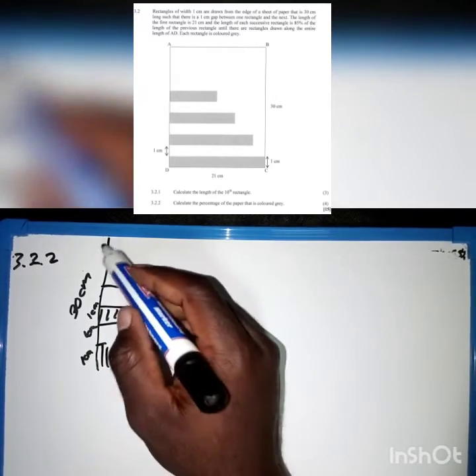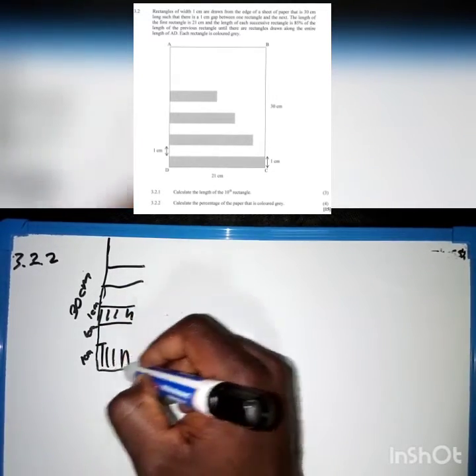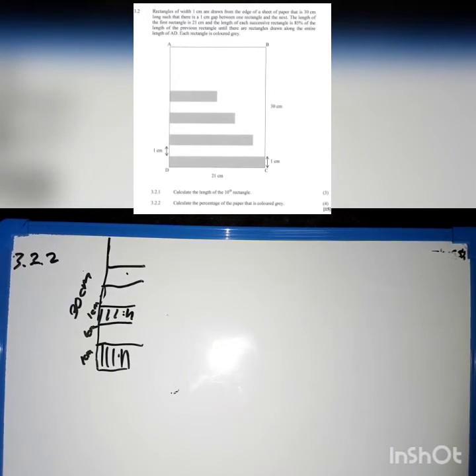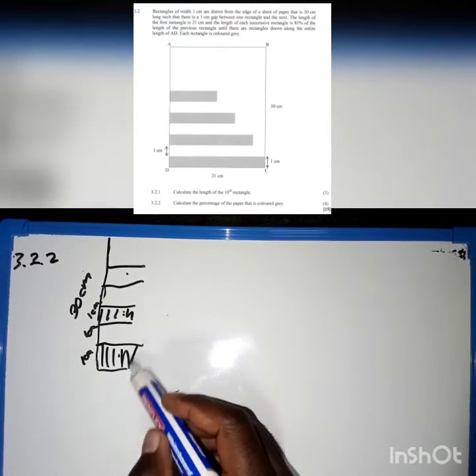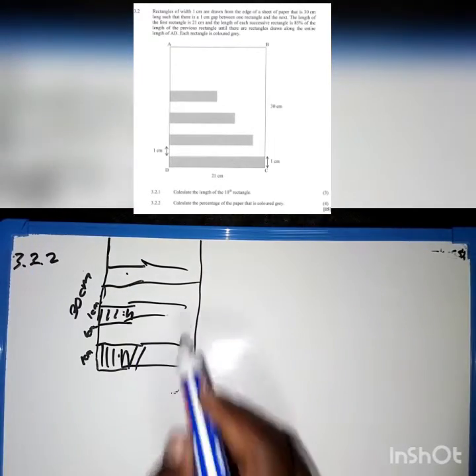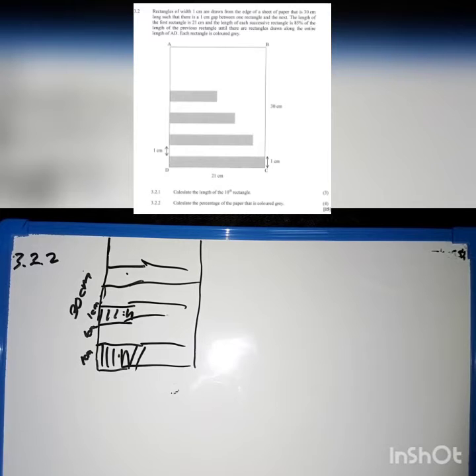Because it's 30 centimeters, we'll have 15 gray blocks. Here they say calculate the percentage of the paper that is colored gray, which means we have to calculate the area of the 15 gray blocks.